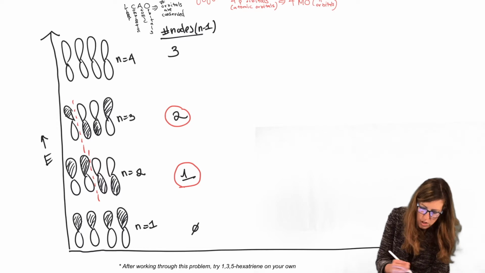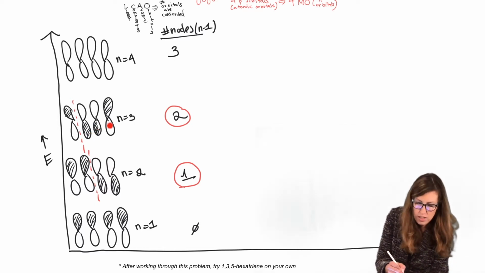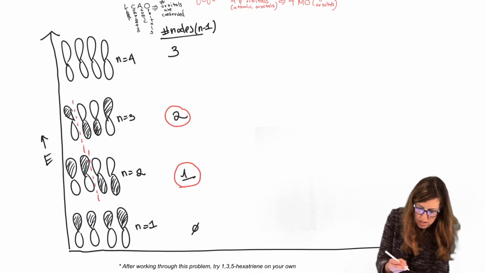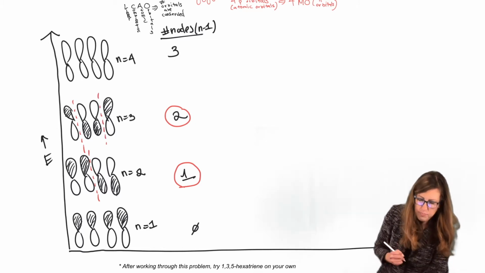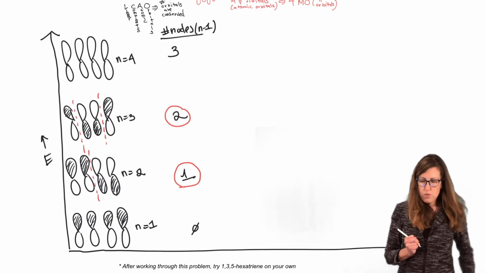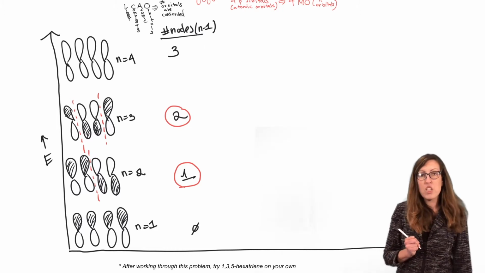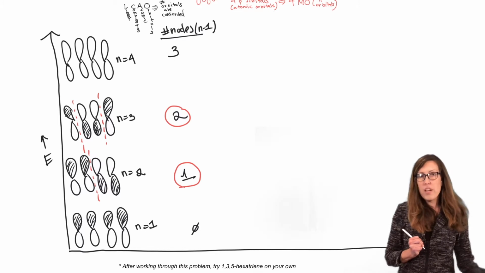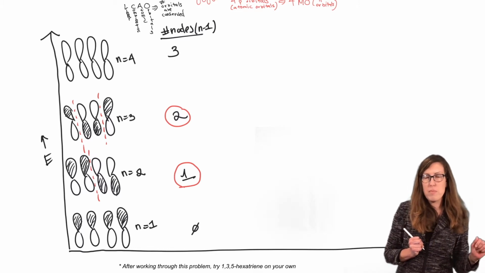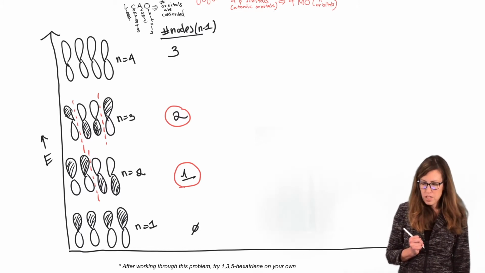No node drawn here because we stayed the same, but we changed phases again. Notice they don't line up. They don't overlap constructively. So we're going to draw the second node there. 2 nodes. So those red dotted lines are the nodes in the molecular orbital. We're ignoring the original node in the atomic orbital once you get to a molecular orbital.